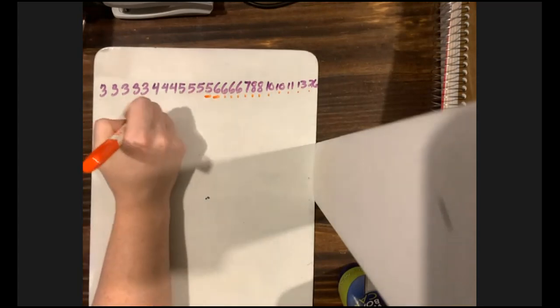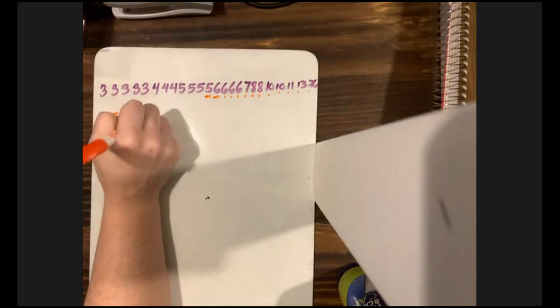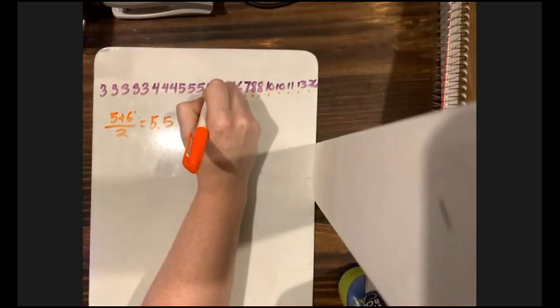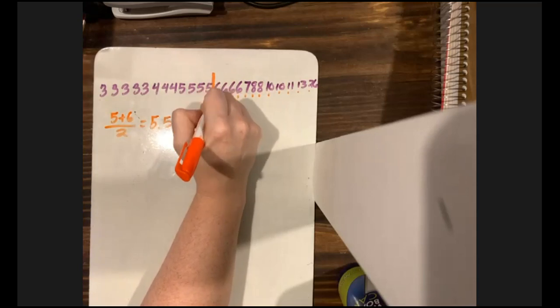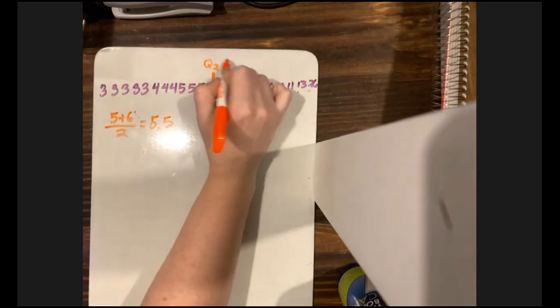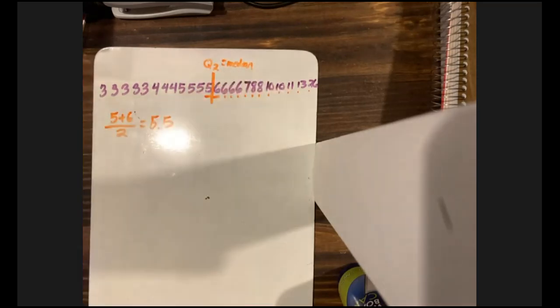So I'm going to do 5 plus 6 divided by 2, which is 5.5, okay? So my median splits the difference right between these two, and that is Q2, which is also my median, okay?